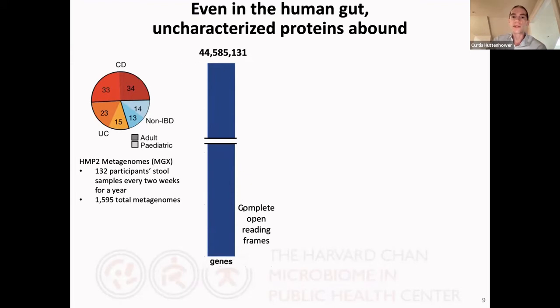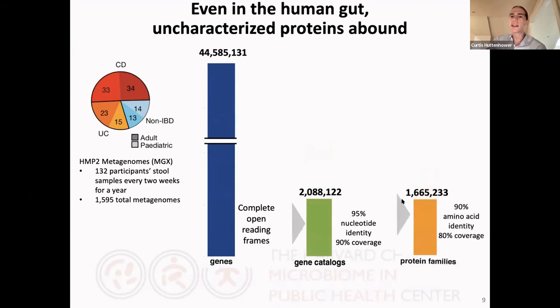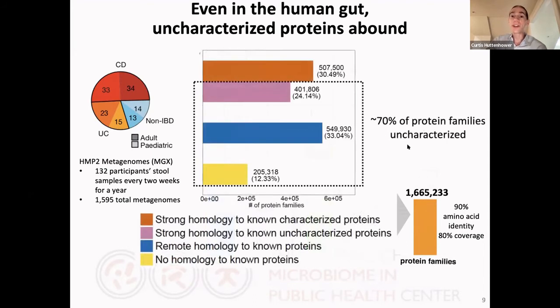Out of about 45 million original open reading frames, in the 1500 or 1600 metagenomes from this population, these cluster down to just over 2 million nucleotide gene families and slightly fewer, 1.6 million amino acid-based protein families, remarkably 70% of which, even in the well-studied human gut, are still uncharacterized, either because their sequences just don't look much like well-studied proteins, or because the sequences that are homologous to microbial isolate proteins haven't been characterized in those isolates yet.